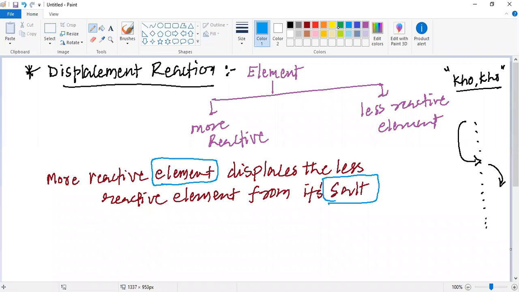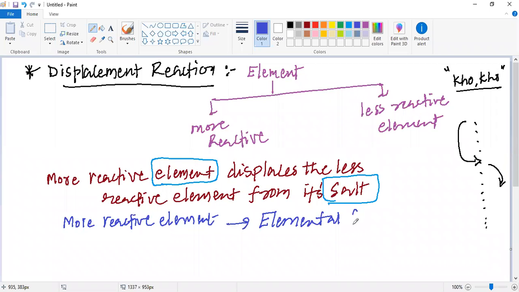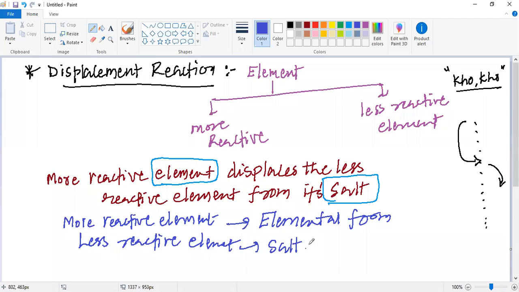My dear students, please understand that the more reactive element is in the elemental form, and the less reactive element should be in the salt form.